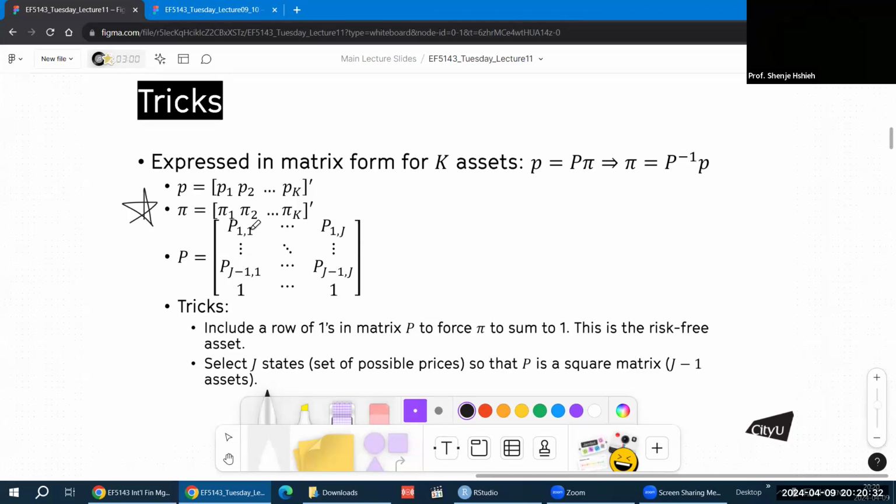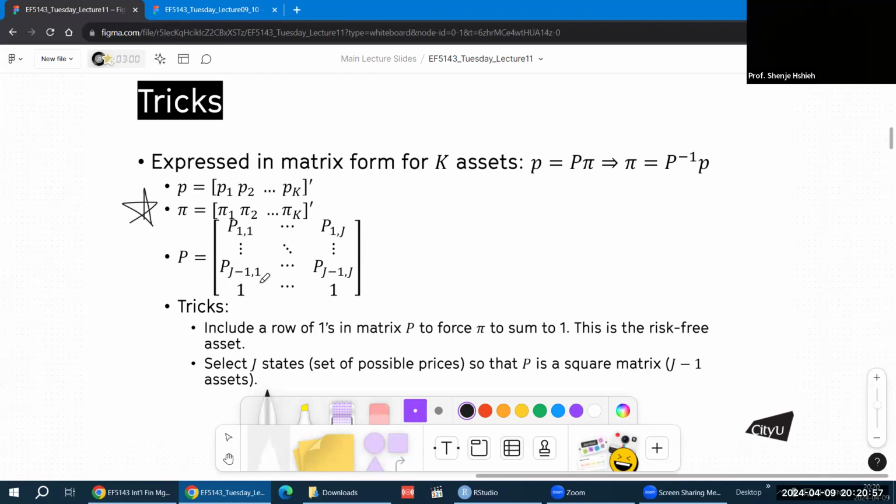Pij is the payoff of option i in the state J. So if 1 through J is increasing values of the underlying asset, so perhaps 1.7, 1.8, 1.9, etc., then 1.9 minus 1 point whatever the strike price is will give us the payoff, right? So that's how you calculate that.